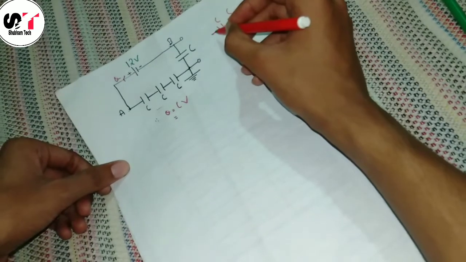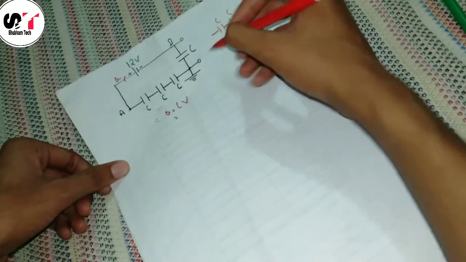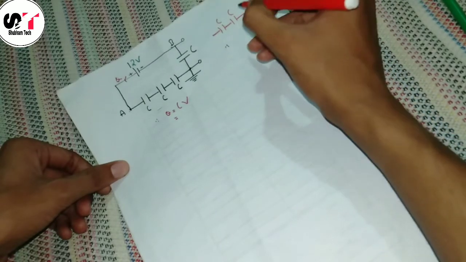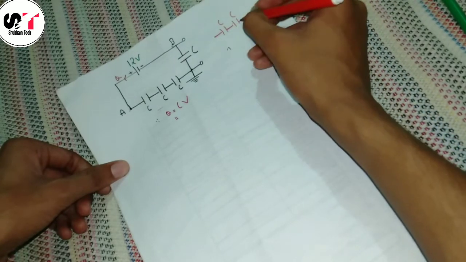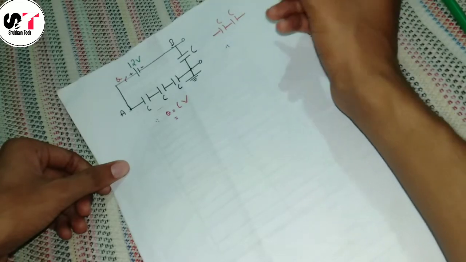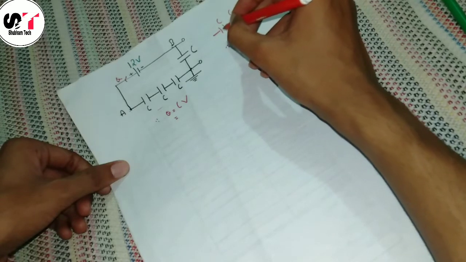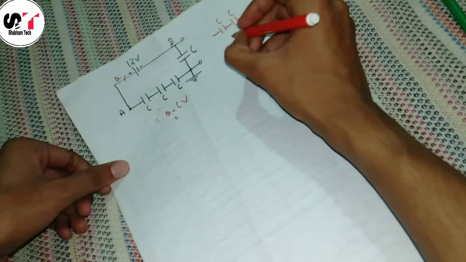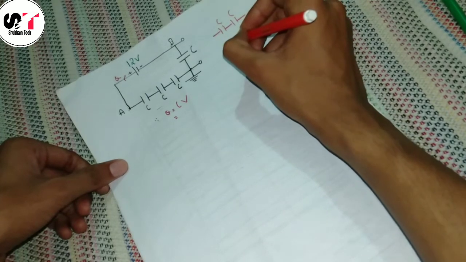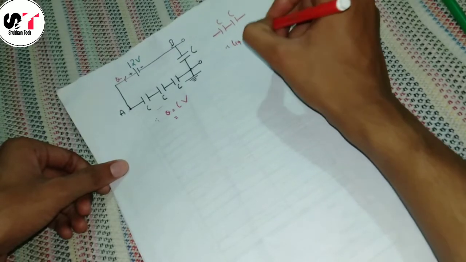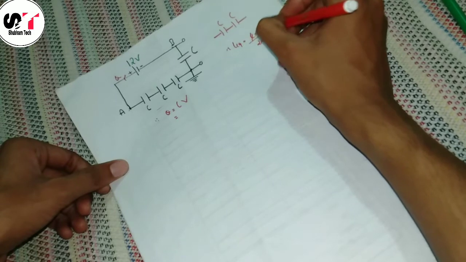means in capacitance case it is just the reverse of the resistance case. In resistance case when two resistors are in series you can simply write R is equal to R1 plus R2. But in case of capacitance it is just inverse, series of capacitors behaves like parallel of resistors. Okay, so the formula of two capacitors in series is C equivalent equal to C into C by 2C, you get C by 2.